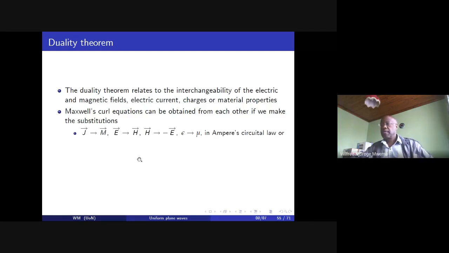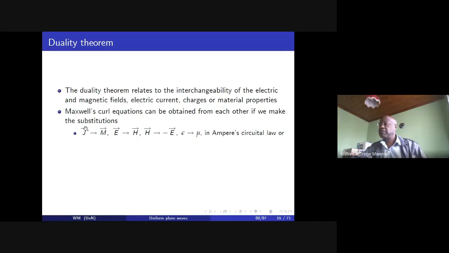So in Ampere's circuit law, all we need to do is to change the current density J to a magnetic current density M. But remember, this magnetic current density, in volts per meter, is not a real current, it's just a fictitious current that is usually applied so that we can make the Maxwell's equations look symmetrical. Usually once you solve, any values you get for M will be dropped off.